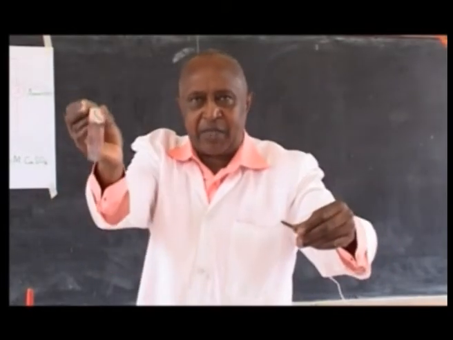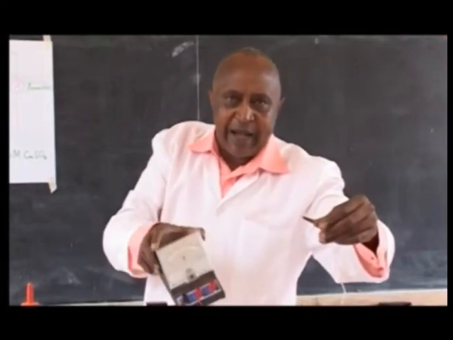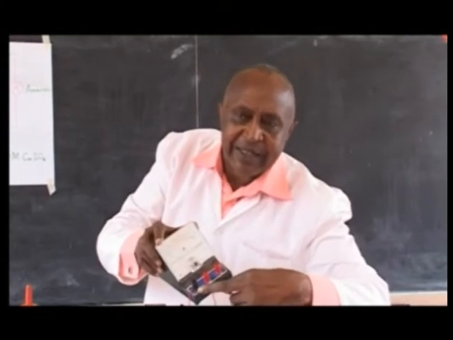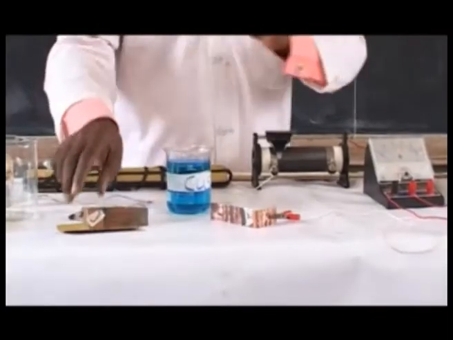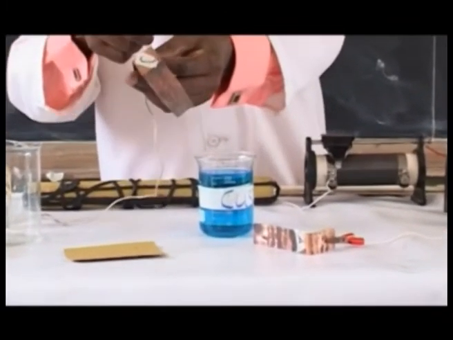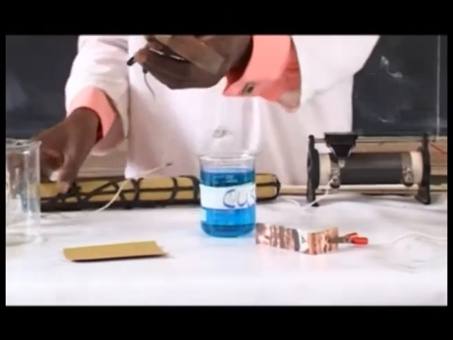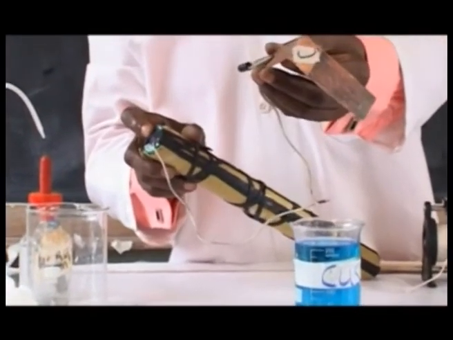This is the cathode, and you can read on the ammeter that this is the negative terminal. This is the cathode, and you will see it is connected to the negative terminal of the battery.